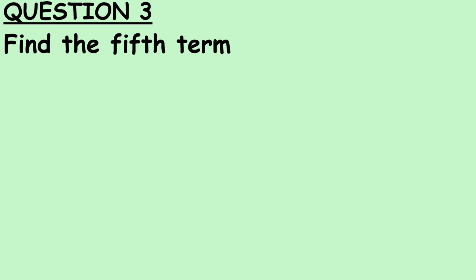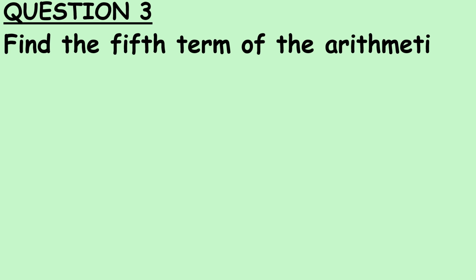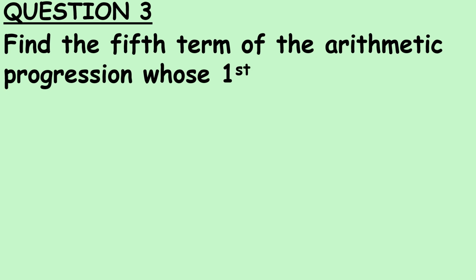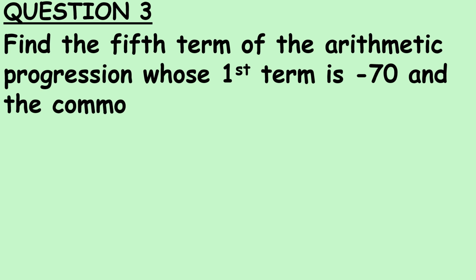Now let's look at another question. This is question 3. Now the question says, find the 5th term of the arithmetic progression. Find the 5th term of the arithmetic progression whose first term is minus 70.